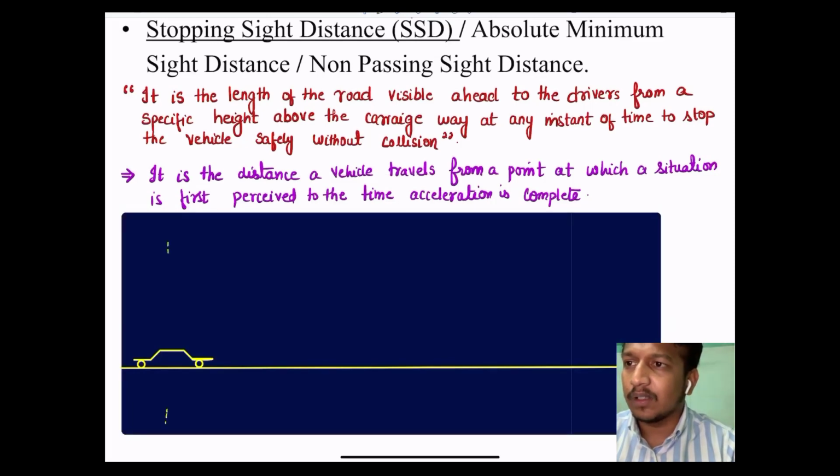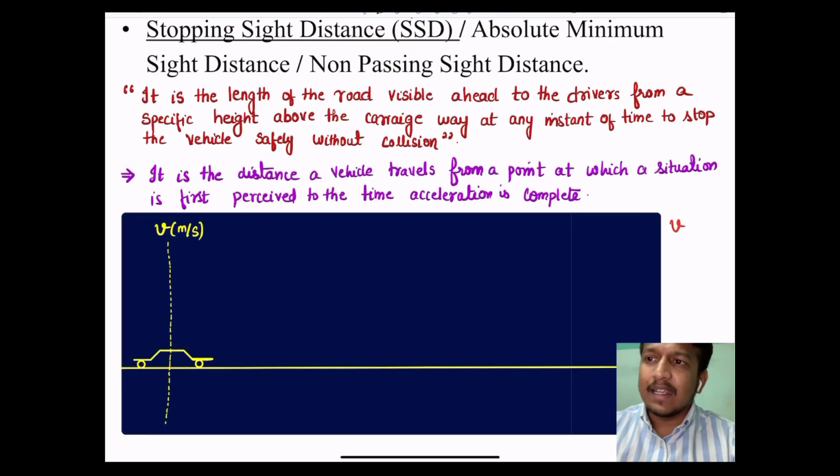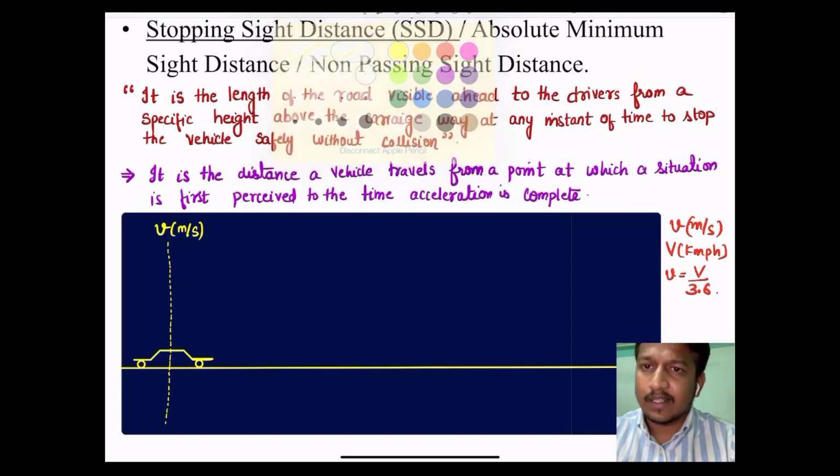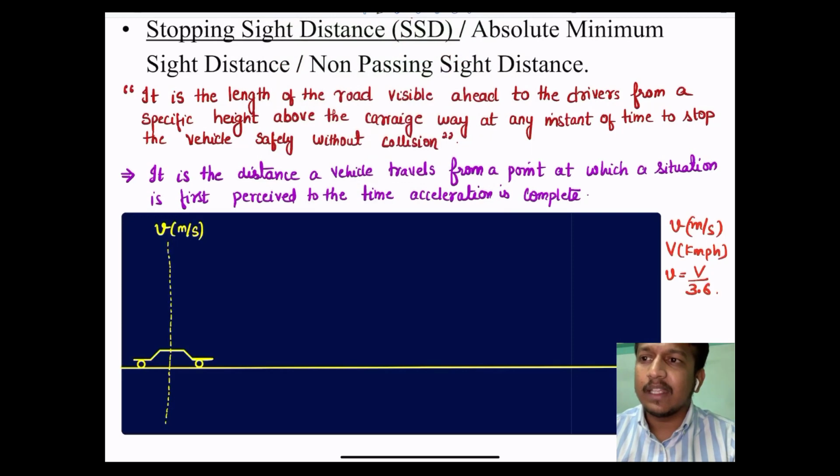Throughout this session series, wherever I write small v, it is meter per second, and wherever I write capital V, it is kmph, kilometer per hour. If they give you kmph, you want to convert into meter per second, just divide by 3.6. Small v equals capital V divided by 3.6. Now this vehicle, which is traveling with some velocity v meter per second, sees some object or obstruction.